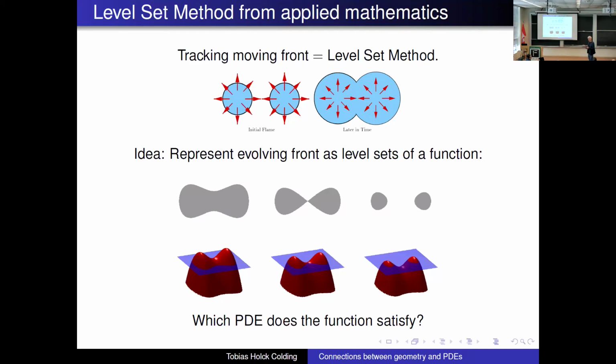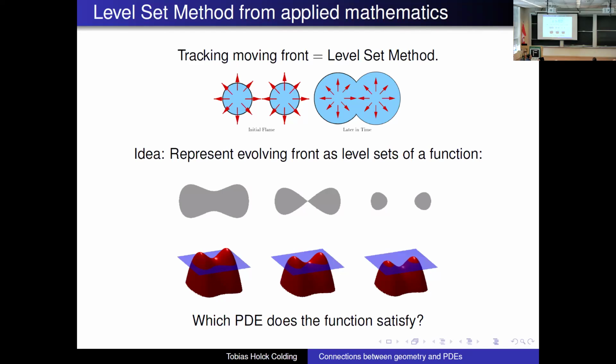Now you want to turn the geometric problem, which is about the evolution of a surface, into a PDE, something about a function on Euclidean space that satisfies some equation. Initially you just have this single surface that is evolving, and you're thinking about this surface as a zero level set of a function.